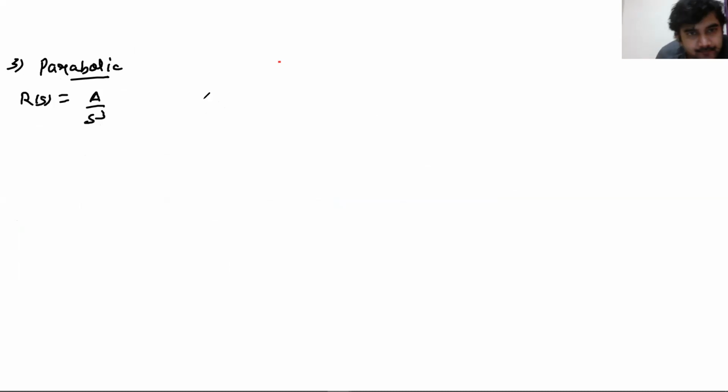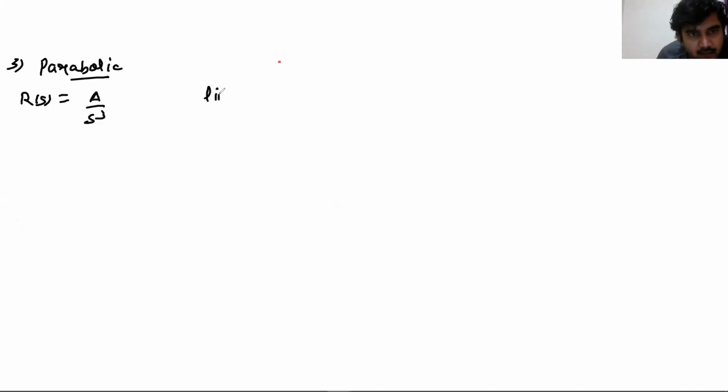Now let's move on to the parabolic input. For parabolic, the transfer function is given by A by s cube. Same way, let's calculate it.